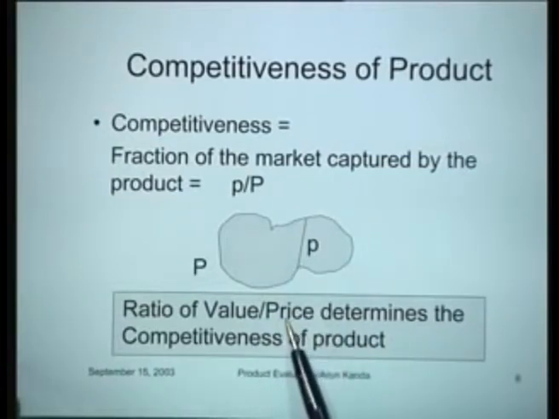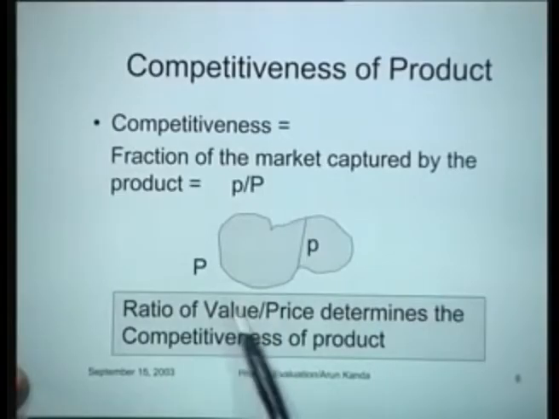So if a product has lower price and a higher value, what is value? Value is the subjective estimate of the worth of a product that the consumer perceives for your product. Right? So if your product offers greater value for a lesser price, this ratio to a very large extent then determines the competitiveness.